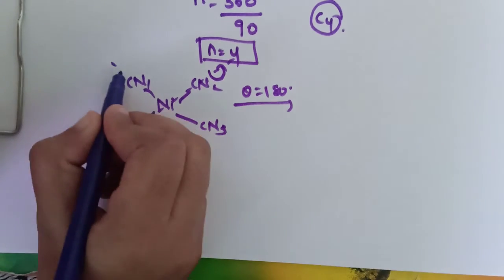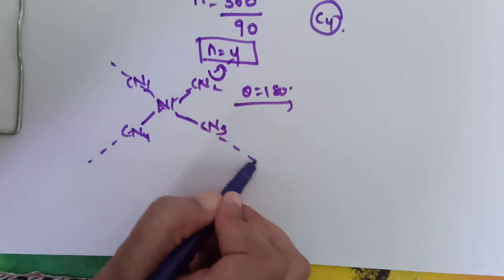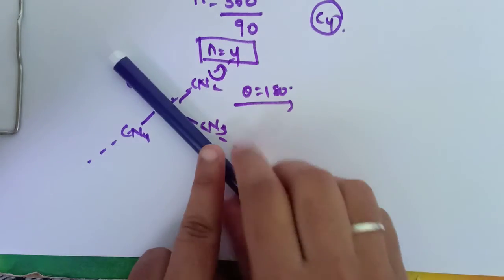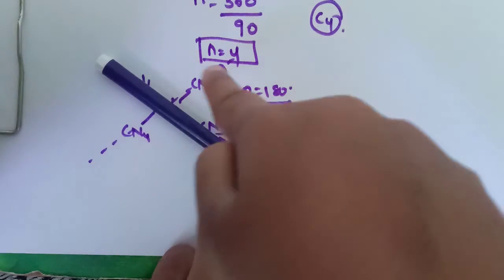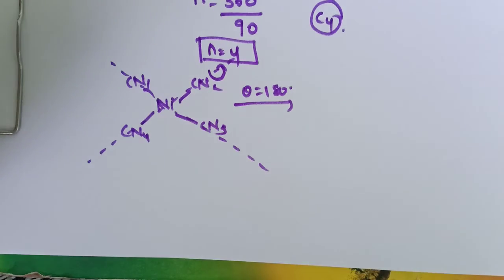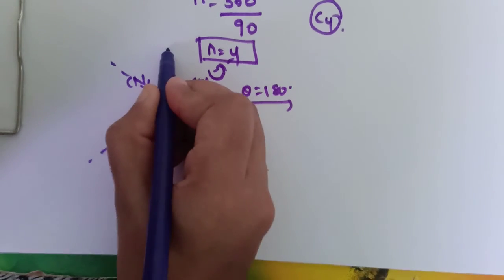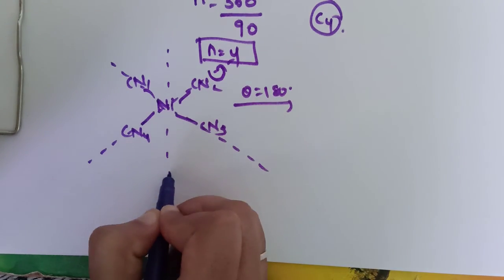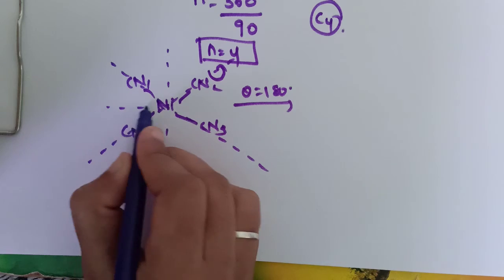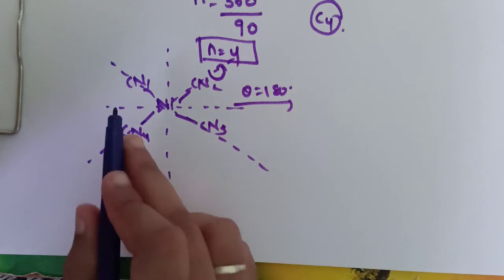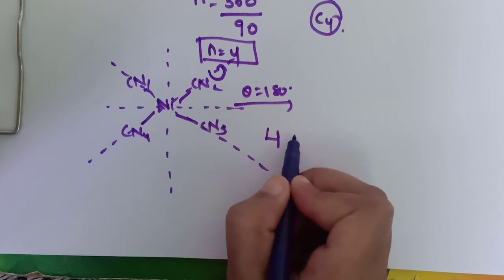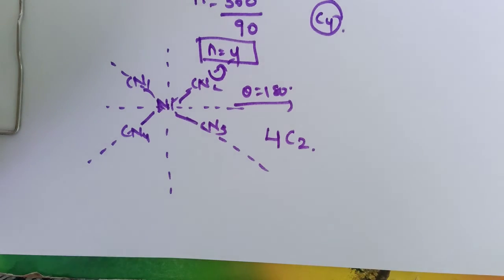And if I pass the axis like this, what happens means, if I rotate it by 180 degree, this one will come this side and this one will go that side. And if I pass the axis like this also, and like this also, there are 4 C2 operations done here.